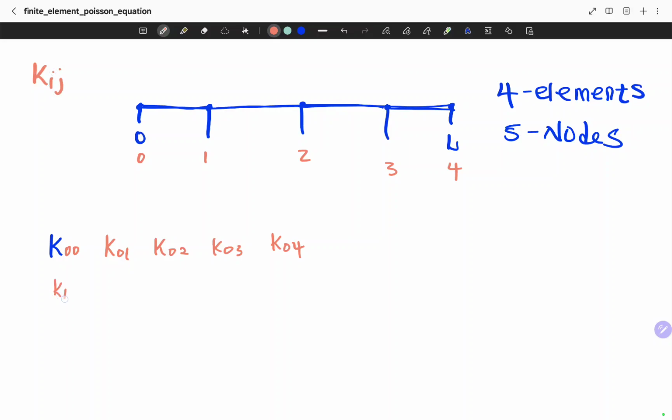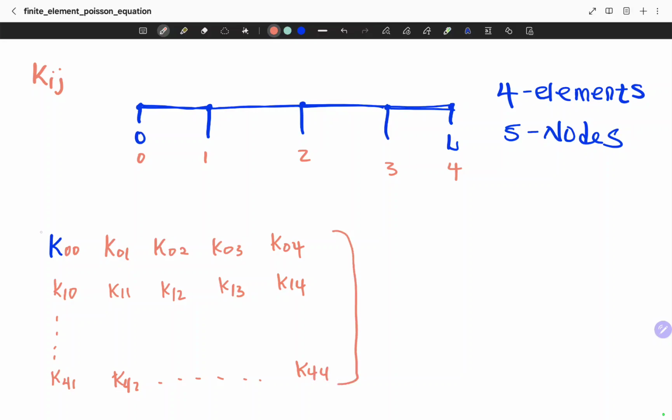Then you're going to have K1,0, K1,1, K1,2, K1,3, K1,4, until you reach K4,1, K4,2, K4,4.